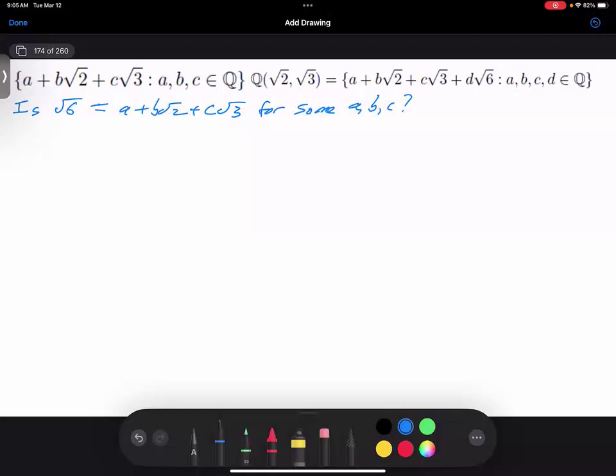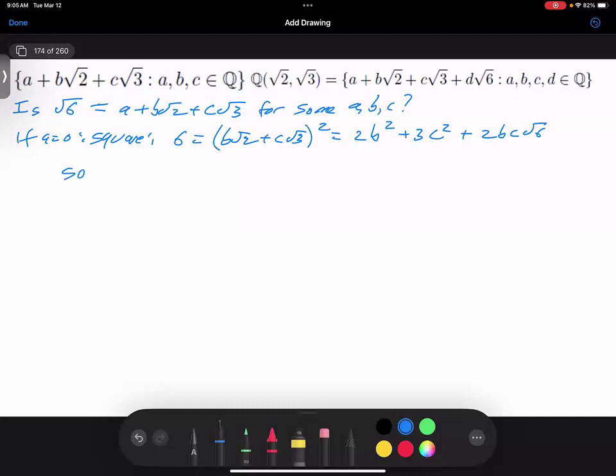So if a equals 0, we could square, and we would get 6 is equal to b root 2 plus c root 3 squared, which is 2b squared plus 3c squared plus 2bc square root of 6.